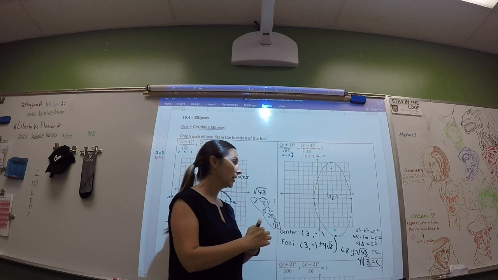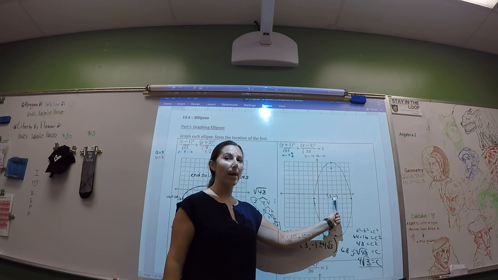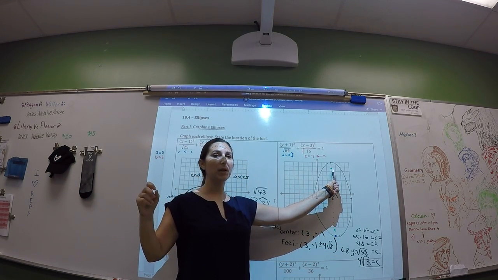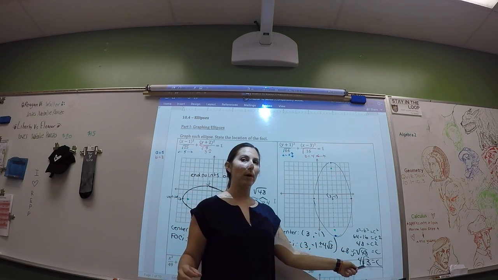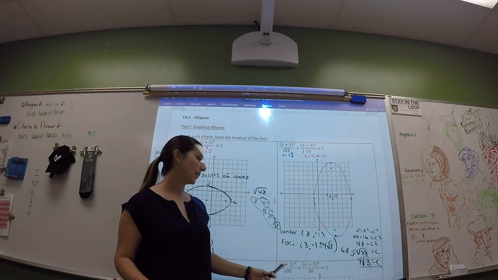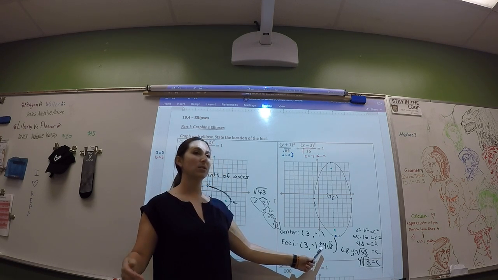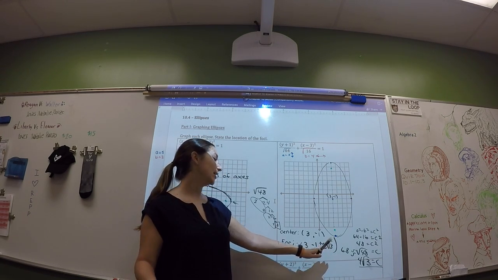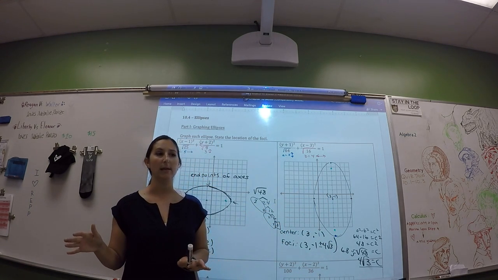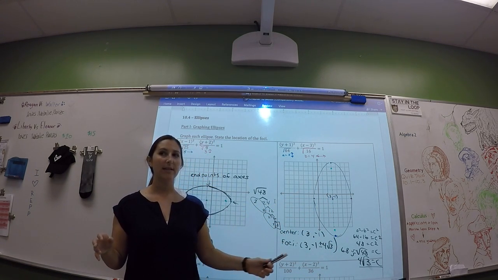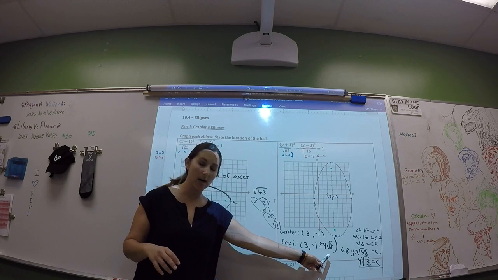So from the y coordinate -1, I went up, which is plus, and I went down, which is minus 4 square root 3. So when I write the coordinates of it, I have 3, -1 plus or minus 4 root 3. This is the exact location. The green dots are my approximate location. So that's how we identify the foci here.